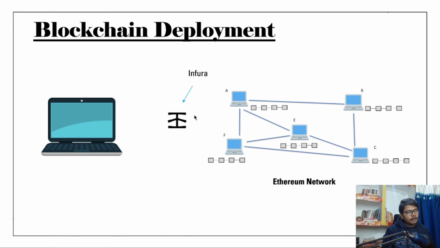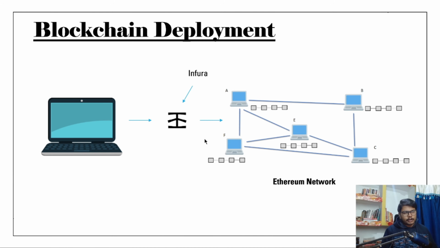And Infura acts as a bridge between your normal computer and this blockchain world application. This is your wormhole, and you can now go through this wormhole and talk to different people. In the same way, Infura is your bridge, which helps you talk to the Ethereum network. So now this real world computer will be able to talk to this blockchain world technology.